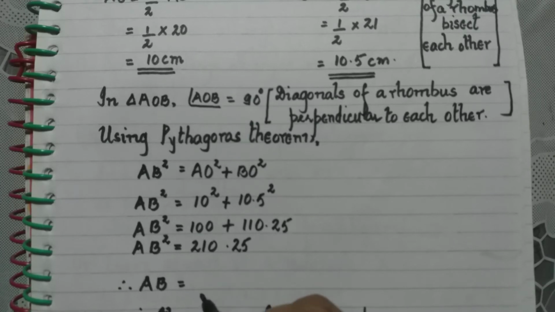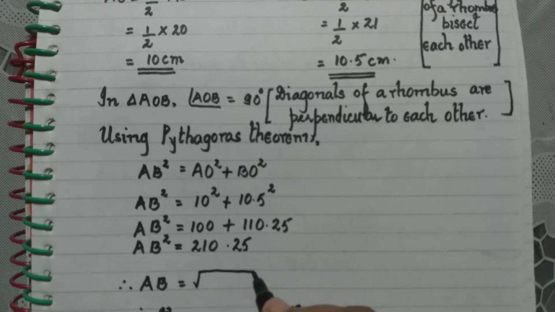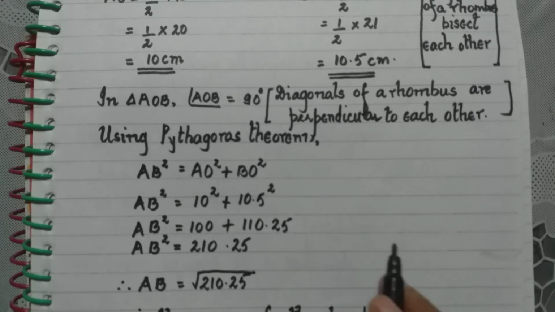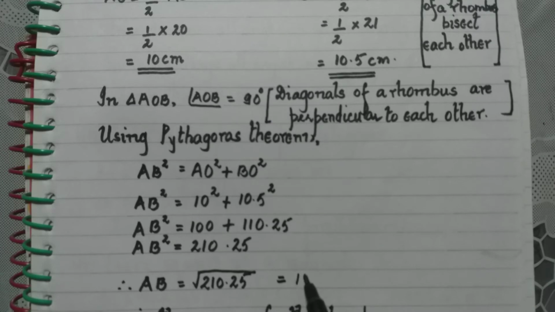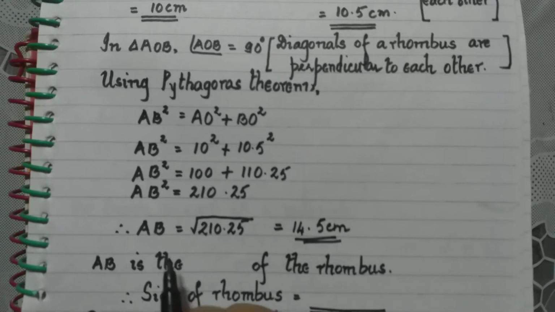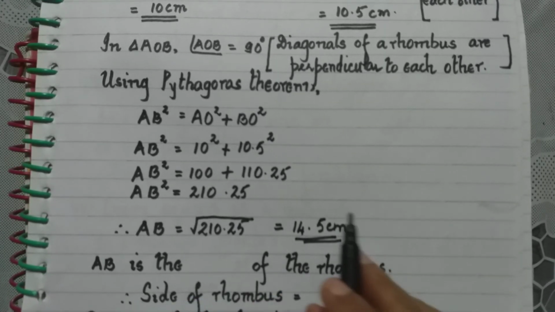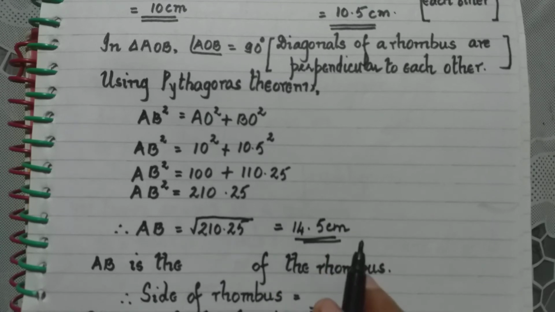Then what will be AB? It will be the square root of 210.25. Now you find the square root of 210.25 by using the division method, and you find that this is nothing but 14.5 centimeter. So AB is 14.5 centimeter.